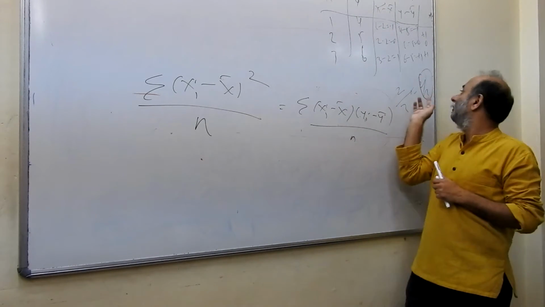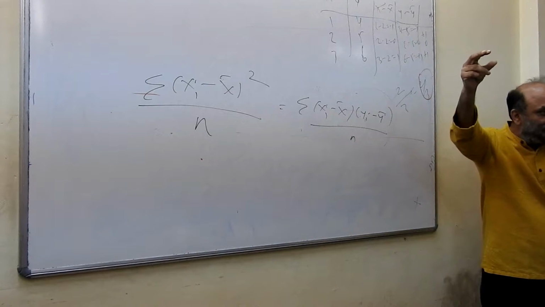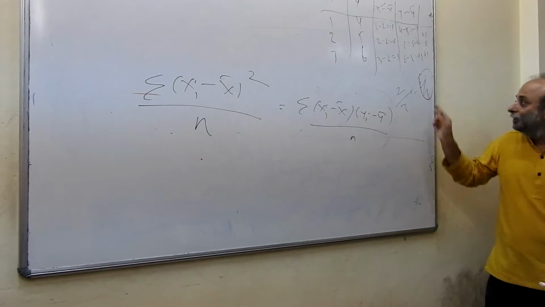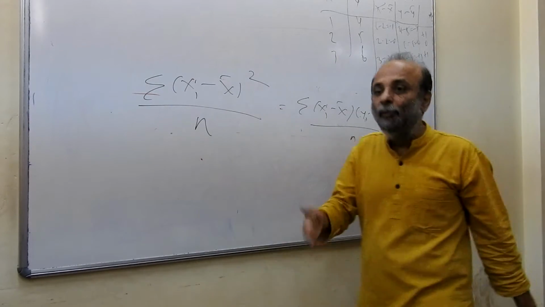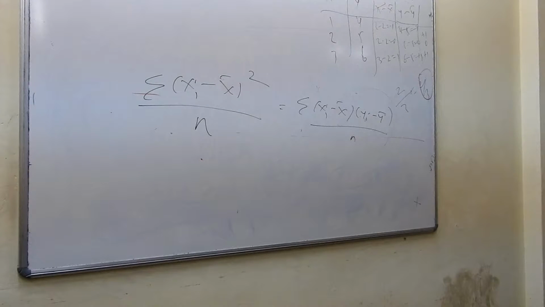Now this quantity will be negative if predominantly most quantities in the numerator are negative. So if this average quantity is negative, what does this mean? It must mean that by and large, when x is above x bar, y must be below y bar, or whenever y is above y bar, x must be below x bar.